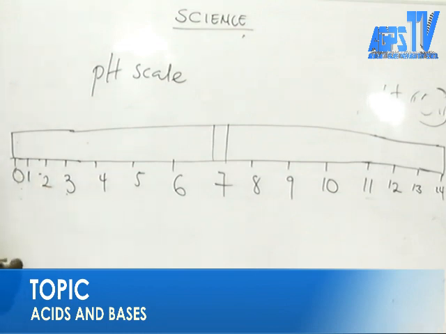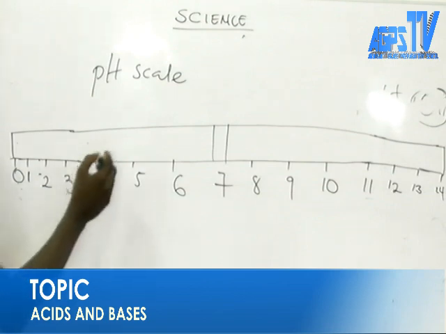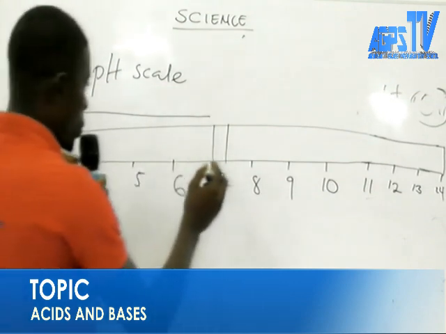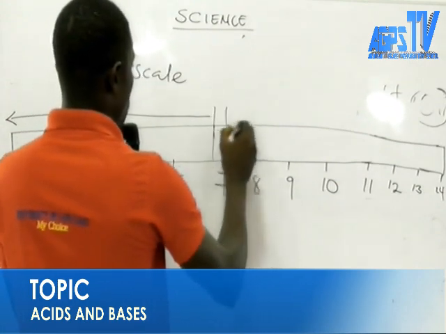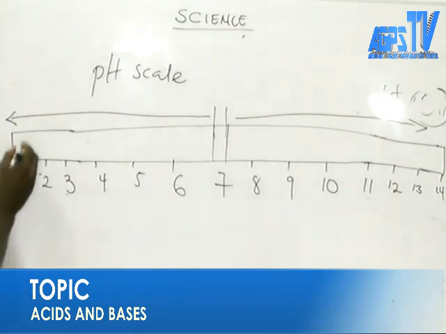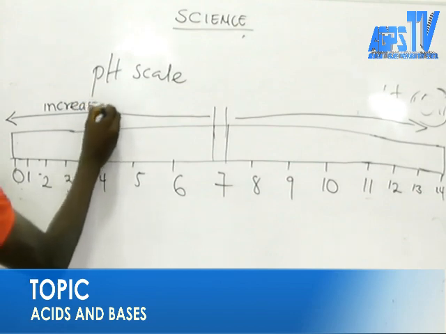If you test an acid and that acid has a pH of from 0 to 2, it means that acid is highly corrosive or highly concentrated. So you can see this arrow goes this way, increasing in acidity.